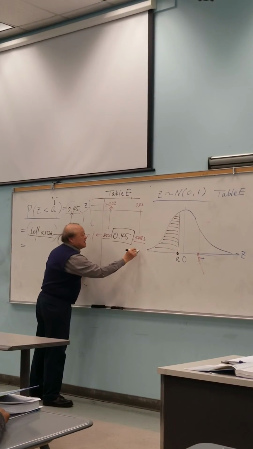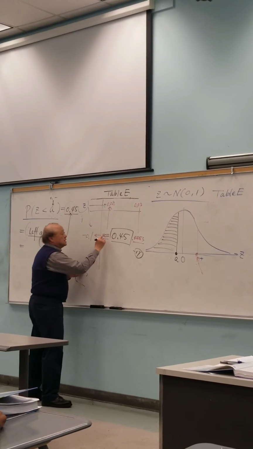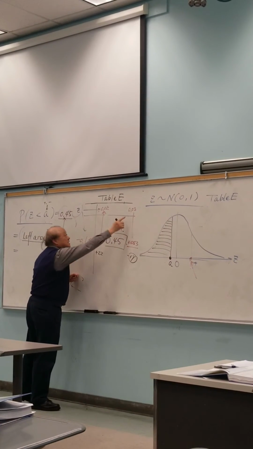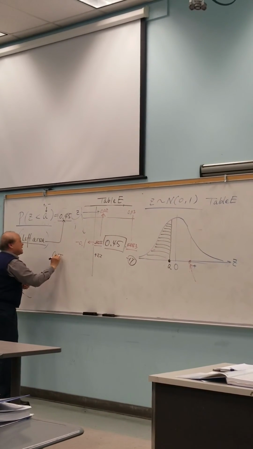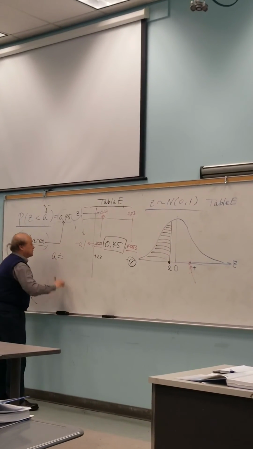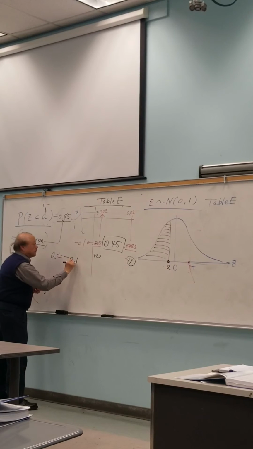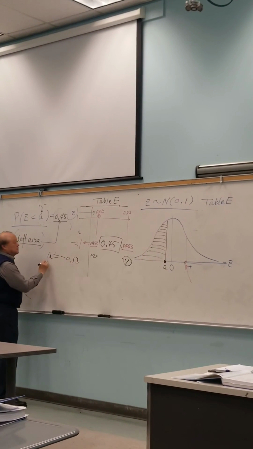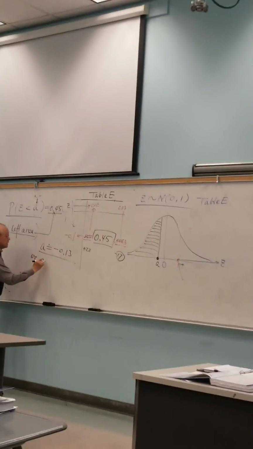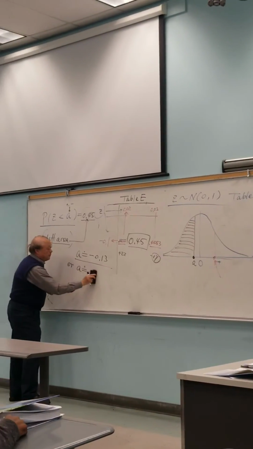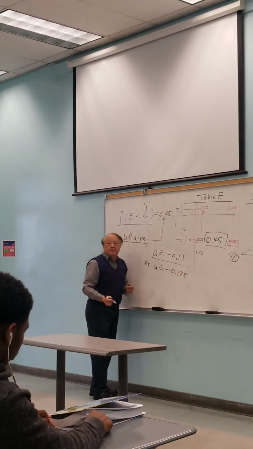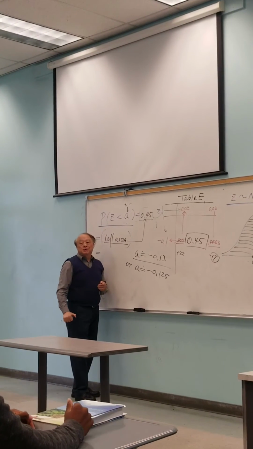This is 17 units below. This is 22 units above, correct? So this is closer. So you say A is approximately equal to negative 0.13. Or you use the average: you add them and divide by 2.